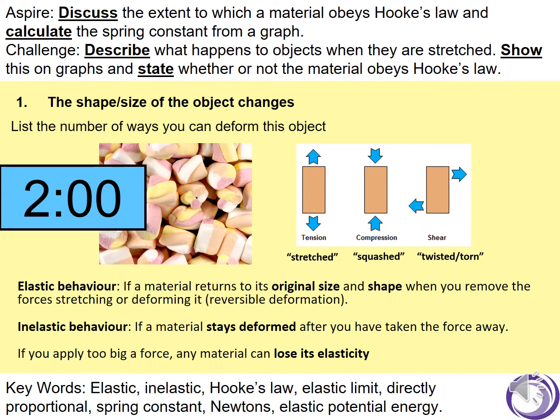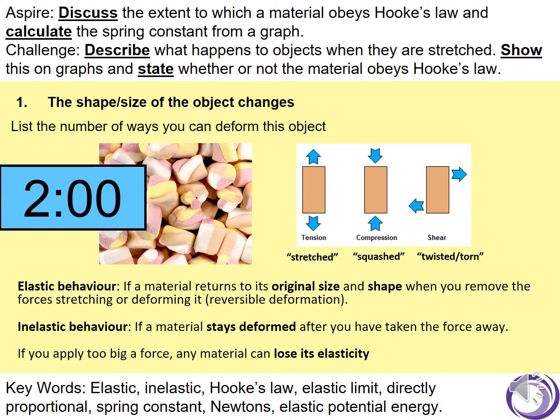Now, the information that we have in front of us can be put as bullet points. So first of all, I'd like you on one line just to write down some words that we can use with some arrows to show what tension, compression and shear means. They're very simple diagrams and they will help revision in the future.